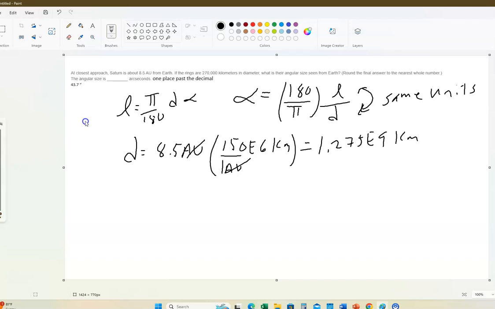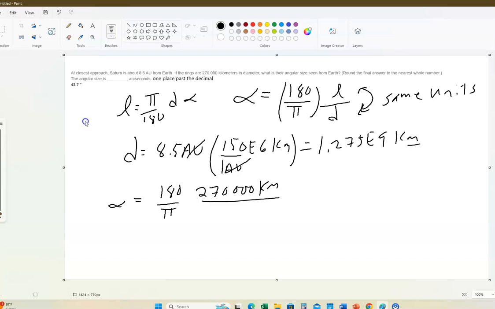And so alpha, now we can put everything in here, is going to be 180 over pi, and then times, what was L? Oh, there it is. 270,000 kilometers. I put the km just to show you that it's going to cancel.